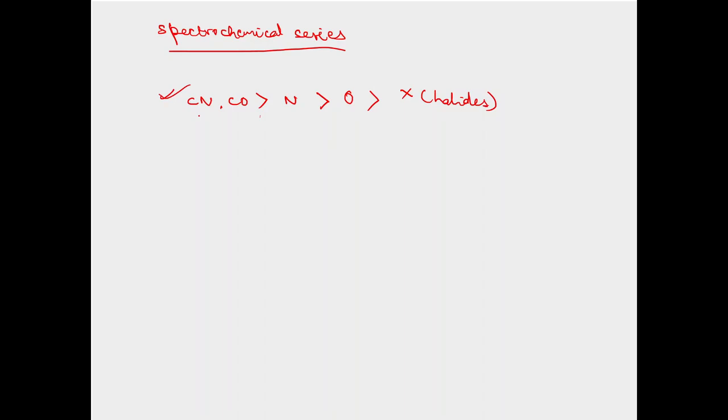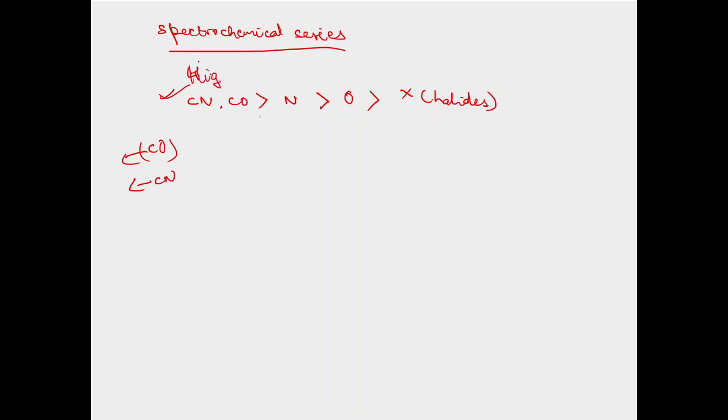It will be easy to remember this spectrochemical series. So see, for complexes in which carbonyl is the ligand, here C is the donor. So for ligands where carbon is the donor, like CO or CN type of ligand, they will lie in the higher region.